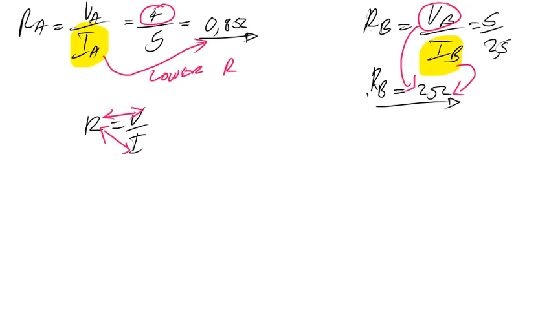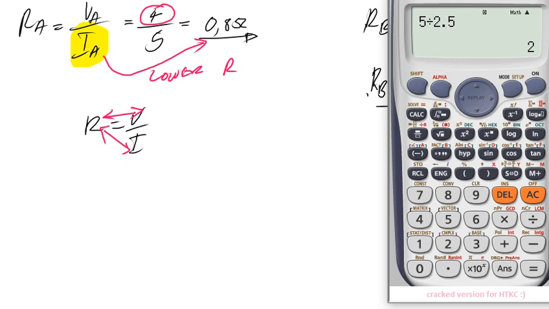If we go to the calculator and change the voltage to 5, then divide by the same current, you get the greater resistance. The higher you go with the voltage while keeping the current constant, the more resistance you get. That's the relationship.